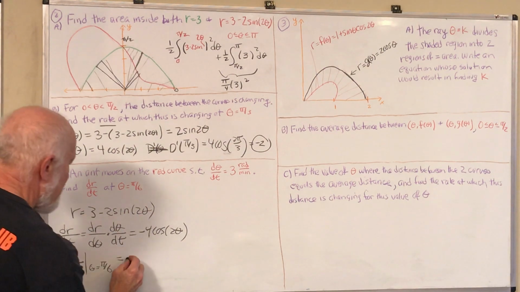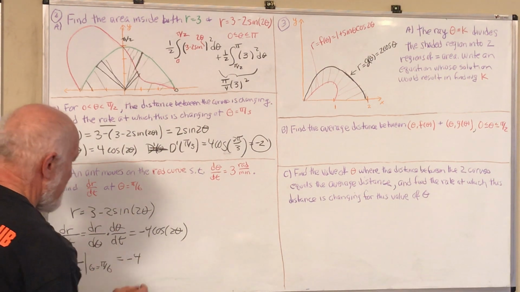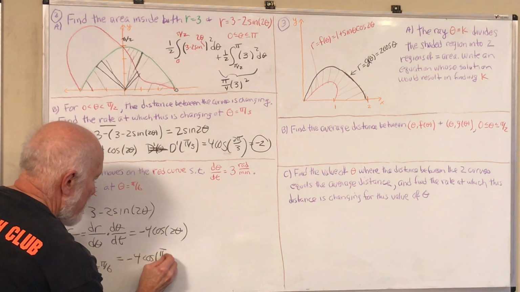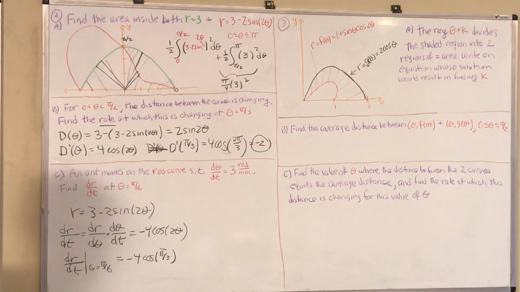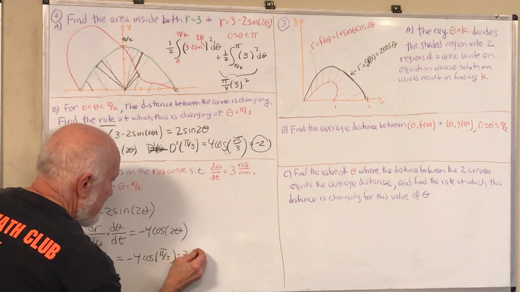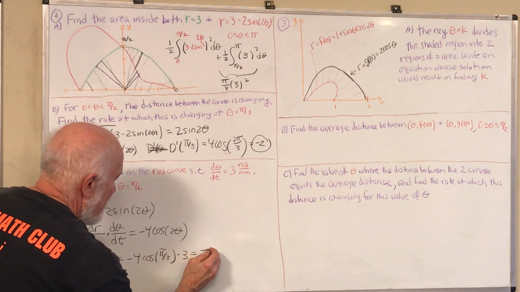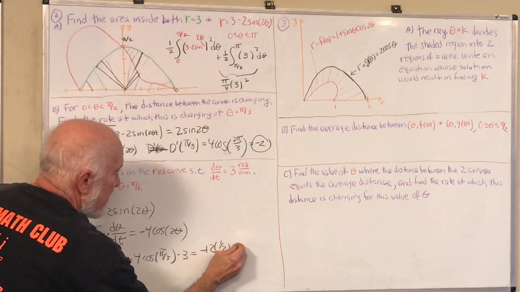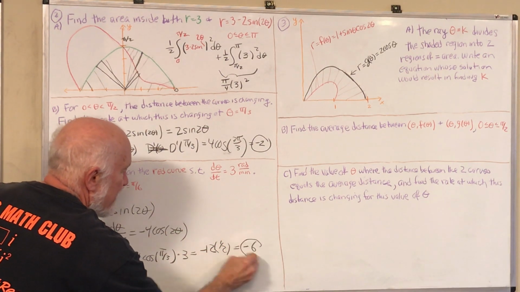So you're going to get minus 4 times the cosine of pi over 3. And then we have to multiply by d theta dt, which we know is 3. So you get negative 12 times the cosine of pi over 3, you get negative 6.